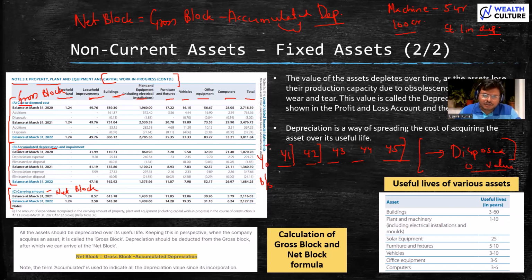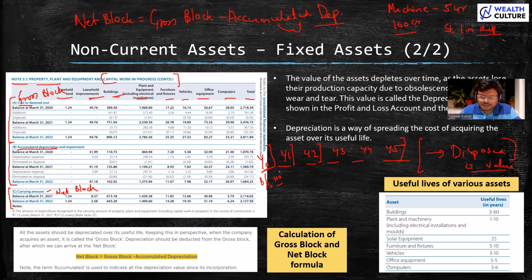So at the end of year 0, the balance sheet shows a value of 100 CR, right? Basically, at the start of year 1, on let's say 1st April 2021, I bought this asset. The value of the asset is 100 CR. Now, after I've used the asset for this whole year, what is my depreciation value?